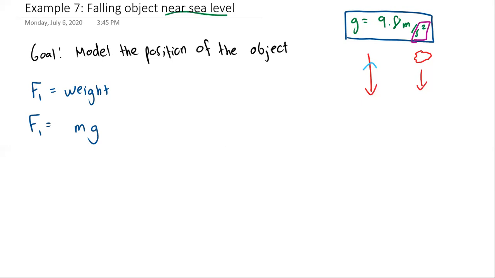If we have a unit of time squared on the bottom, that's acceleration. If you have a unit of time cubed, that's jerk, etc. Okay. So F1 is the weight of the object, which we can write as mg, where m is mass, and we're going to use kilograms, and g is the acceleration due to gravity.